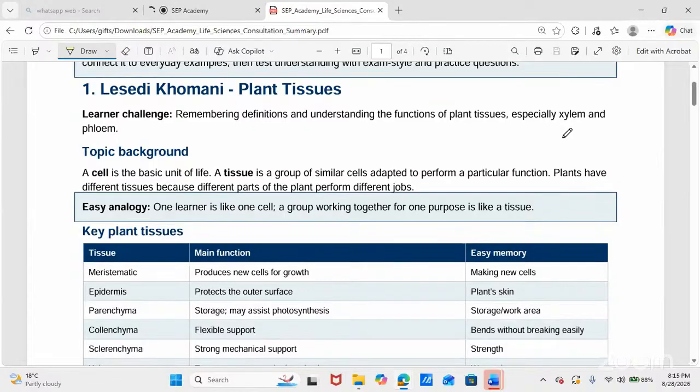If you take that tissue and combine it with other similar tissues, they will combine to form organs, and then those organs will combine to form systems, and then those systems will combine to form a whole human being. So that's the anatomy of a human body. They originate from what? From cells to what? To systems. Am I understood? Yes, ma'am.